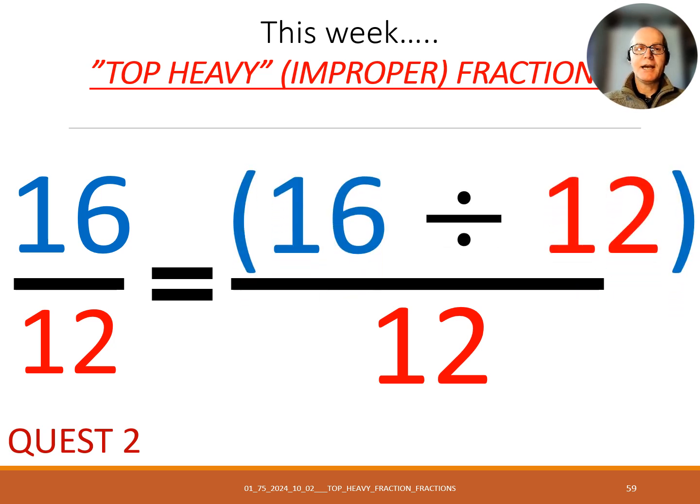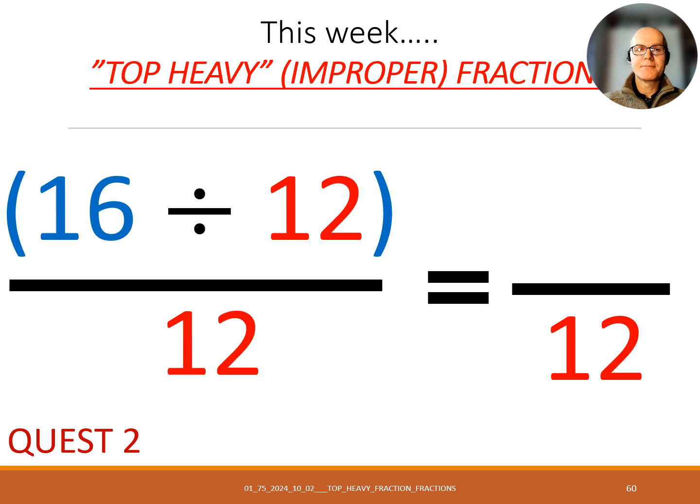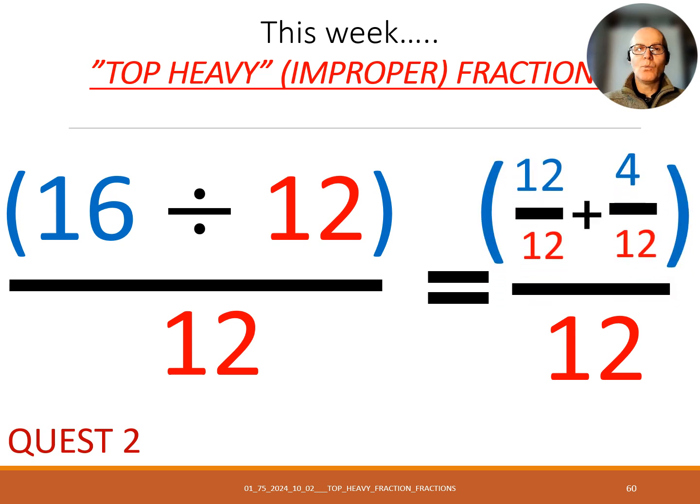First things first, how many 12s go into 16? 1 lot of 12 goes into 16 with 4 left over. 12 plus 4 is 16. 12 over 12 is a whole lot of twelfths with 4 twelfths left over.